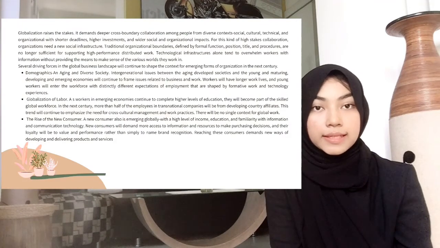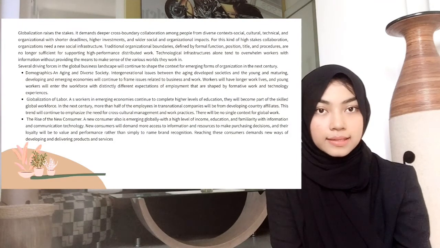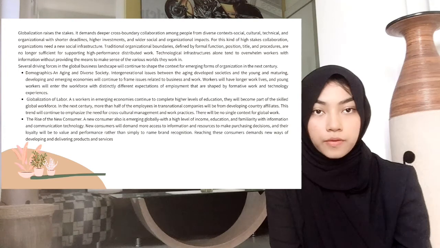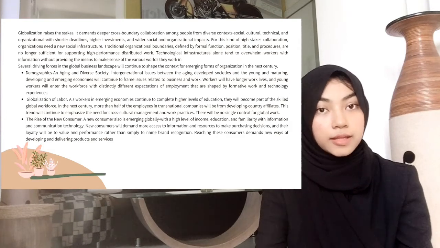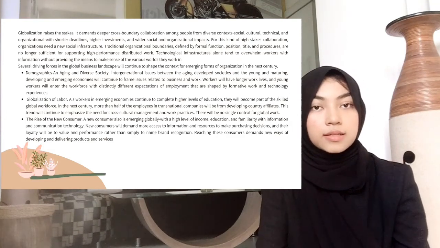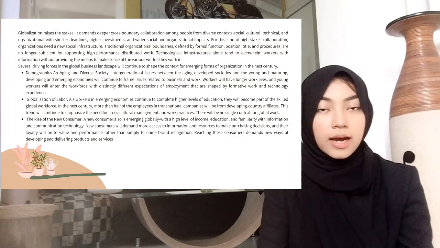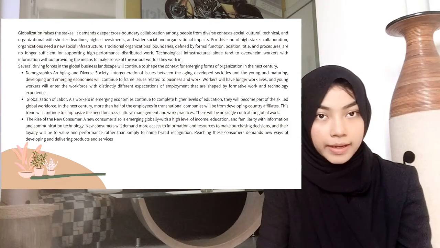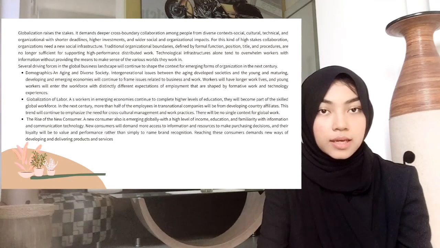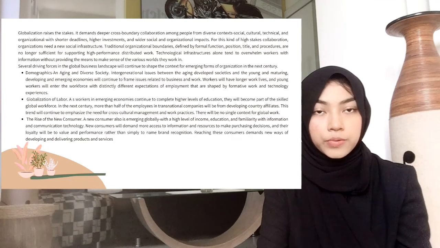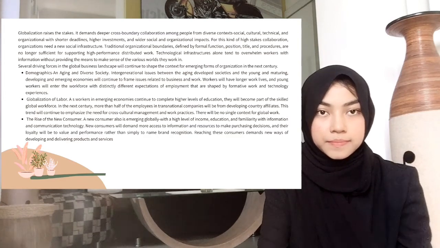We know that globalization raises the stakes. It demands crossing workforce boundaries, collaboration among people from diverse contexts, social, cultural, technical, and organizational, with shorter deadlines, higher investment, and social and organizational impacts. For this kind of high-stakes collaboration, organizations need a new social infrastructure.